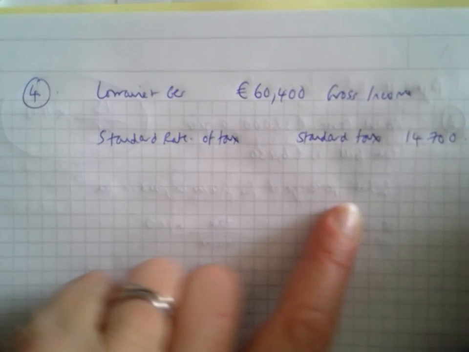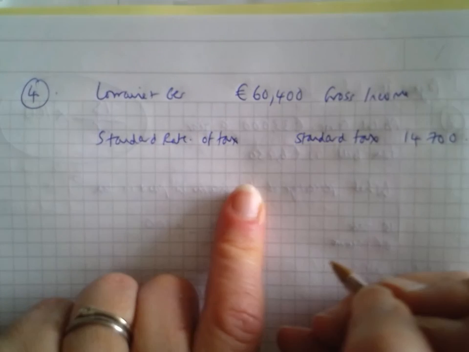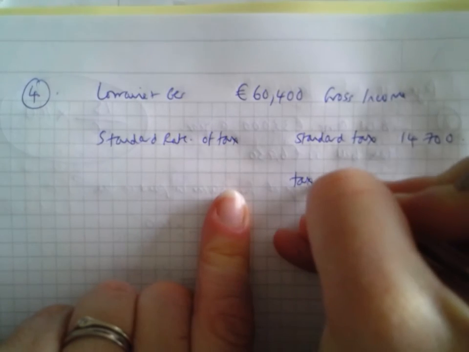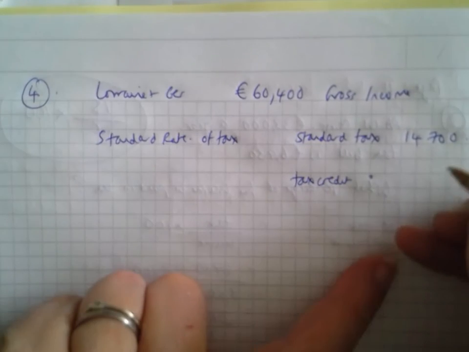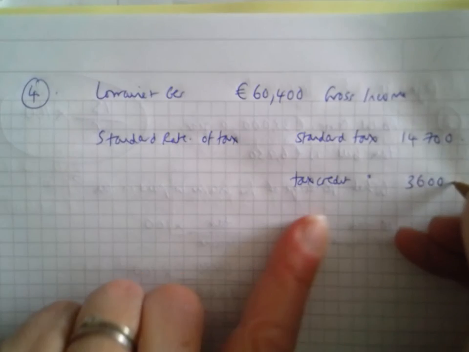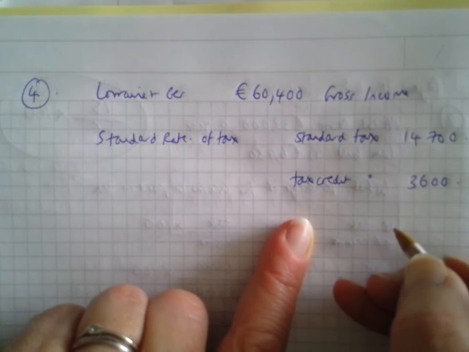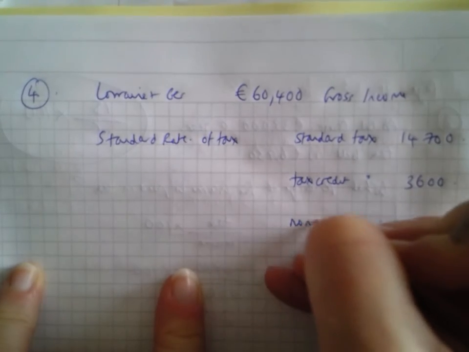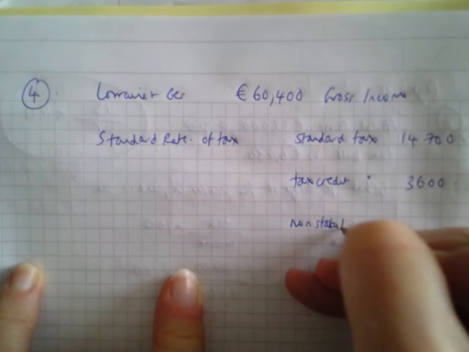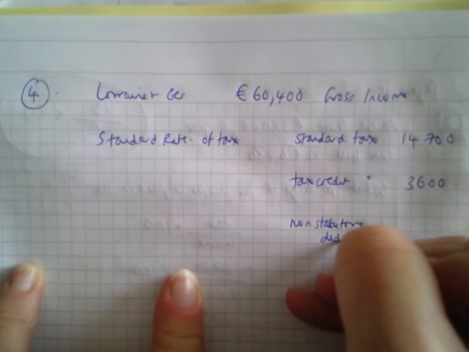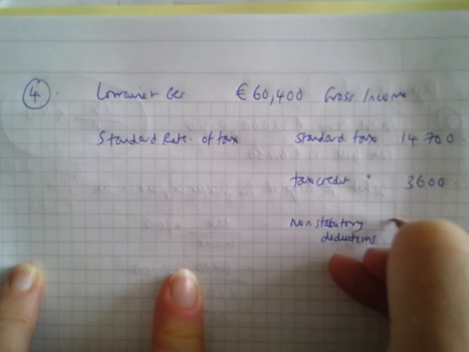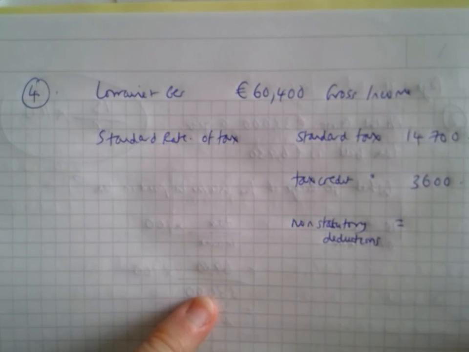They had a combined tax credit of 3,600, and non-statutory deductions. So that's things like union fees, health insurance. Statutory apparently means in law. So things like your PRSI and your USC are in law.